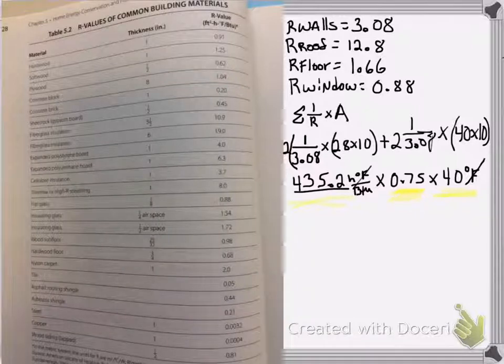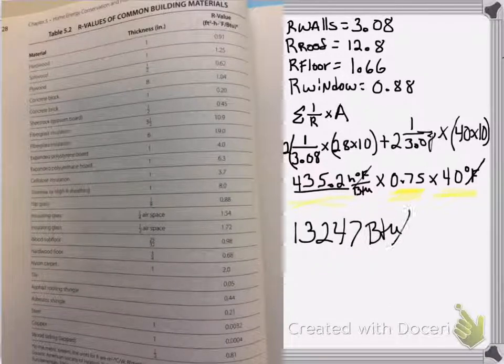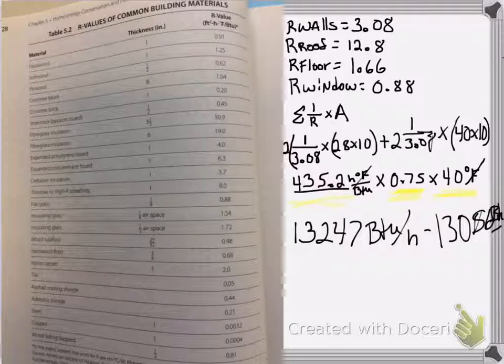The numbers that I get range between 13,247 BTUs per hour, all the way to about 13,056 BTUs per hour.